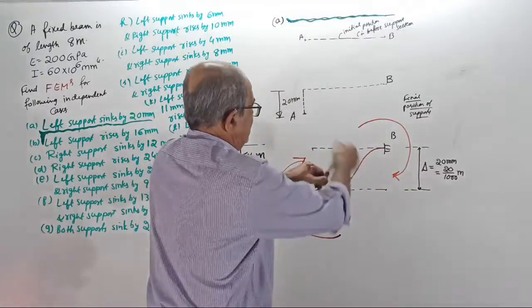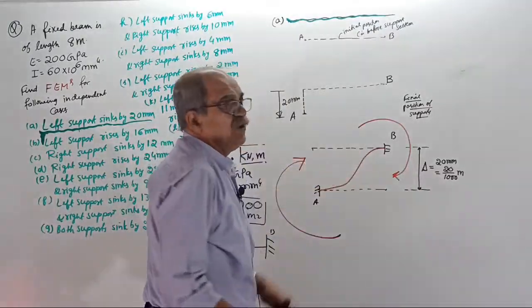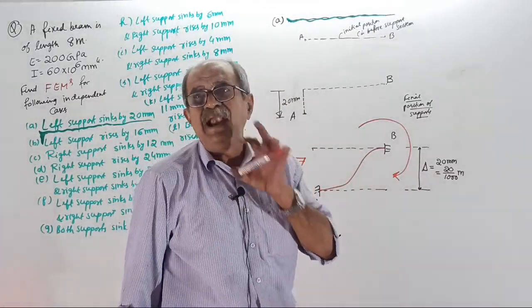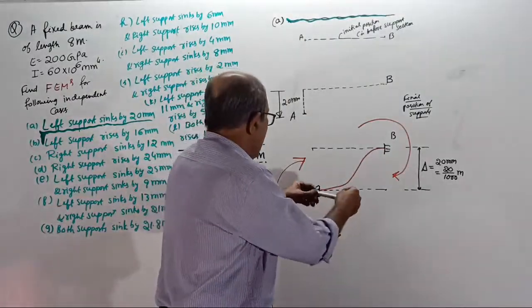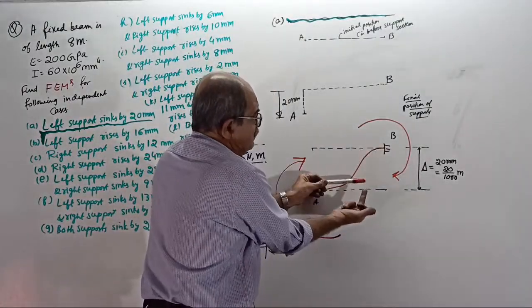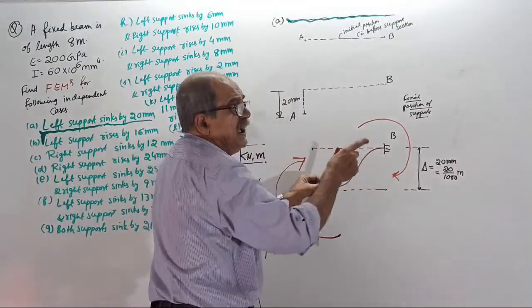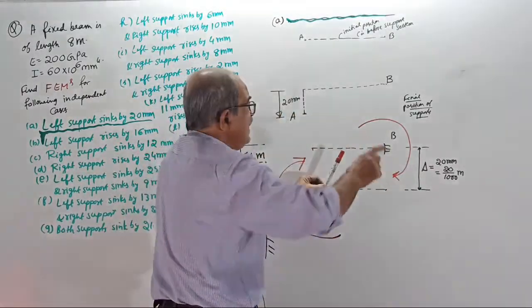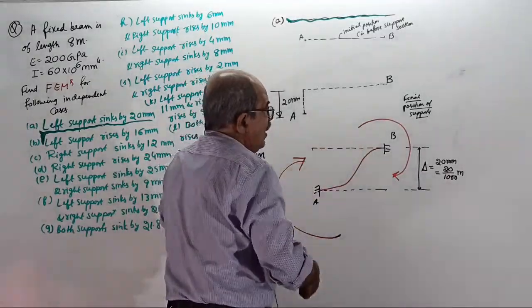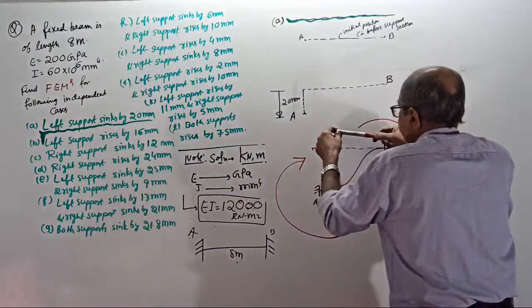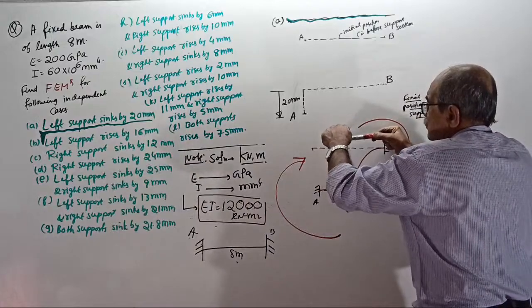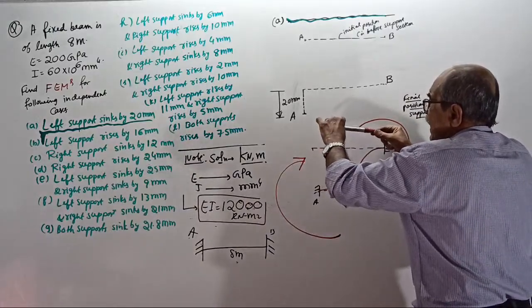Because of the elastic curve, those who find difficulty can do one thing. You stand at A, push B upwards. See, it goes this way. If it goes this way, preventing that going is like this. Or if you stand at B, push A down. It is rotating like this.